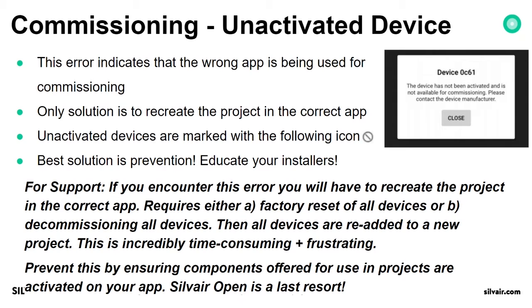And when there was miscommunication while creating the project, installers had different applications on mobile phones than the one the project was existing in. If you encounter this error, you will have to recreate the project in the correct application.